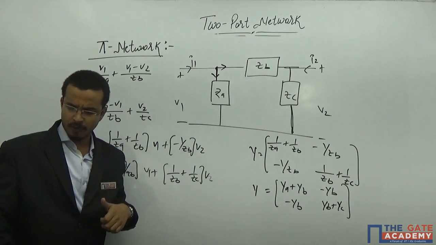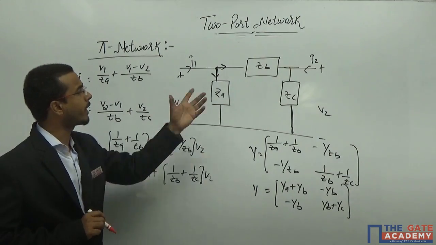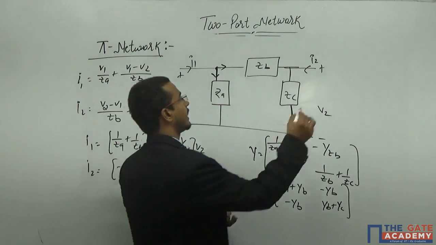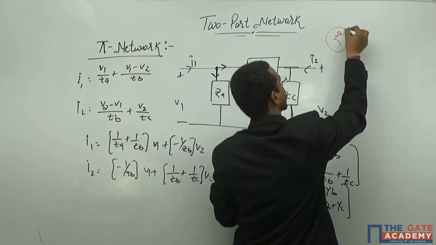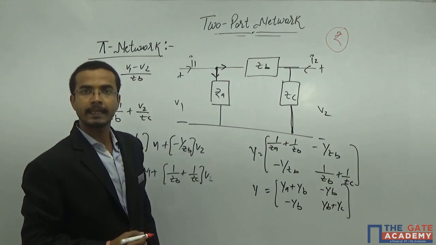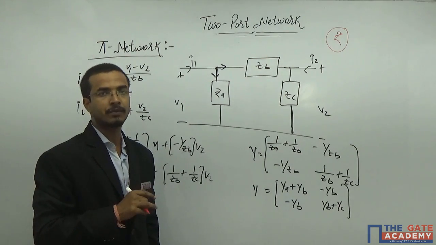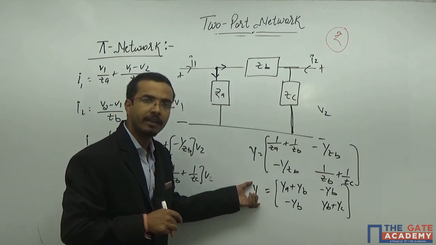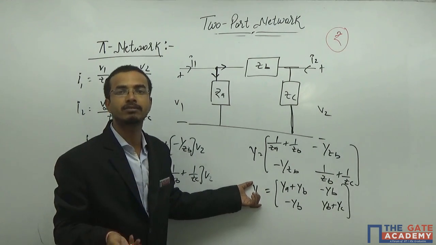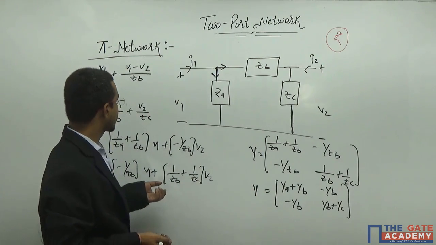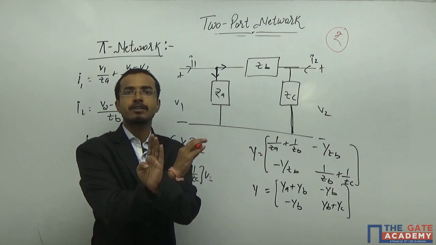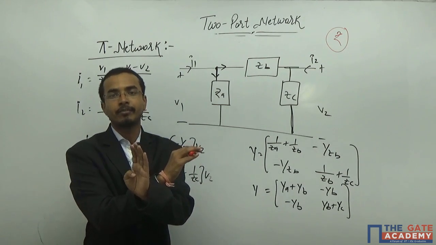But what will happen if I provide the Y and ask for the Z parameter? Then you have two approaches. The first one is to calculate the Y and take the inverse of this, because in the equations it is just an interchange of the variables.